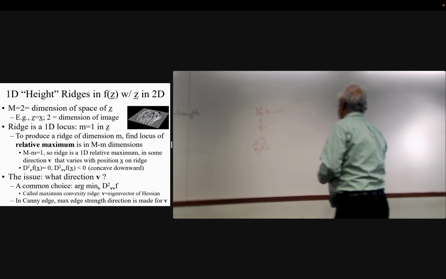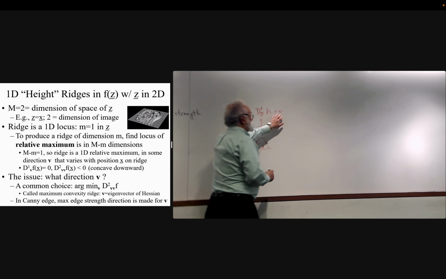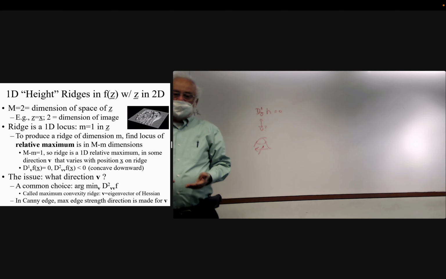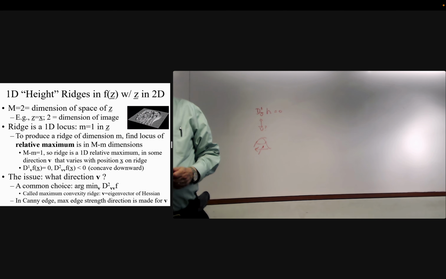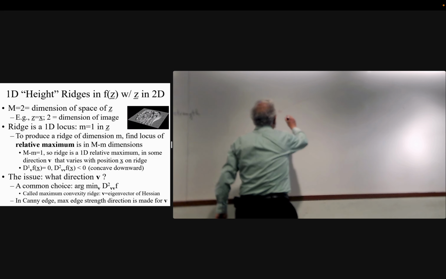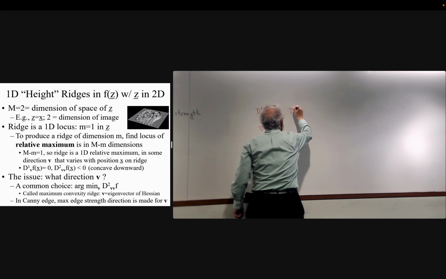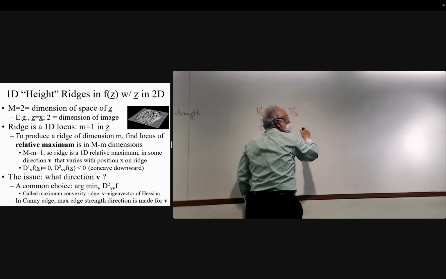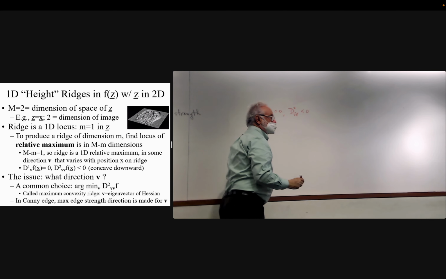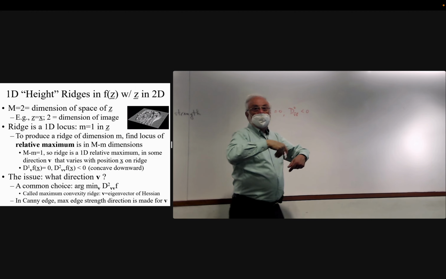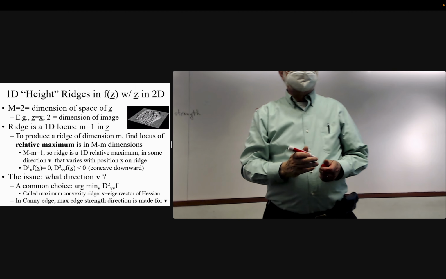But to be a relative max, it's not enough that this equals 0, because that could be a relative min as well. And so to be a relative max, we're going to need the second derivative, twice in that direction, to be less than 0, meaning the function is convex downward. Right?